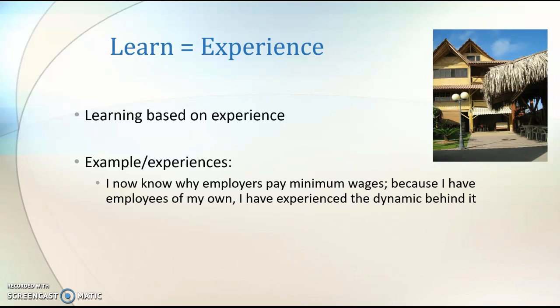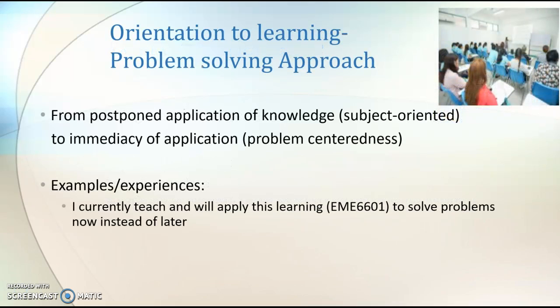Continuing with our next assumption. Orientation to learning, problem-solving approach. From postponed application of knowledge, which is subject-oriented, to immediacy of application, which is problem-centeredness. As a person matures, her time perspective changes from one of postponed application of knowledge to immediacy of application.